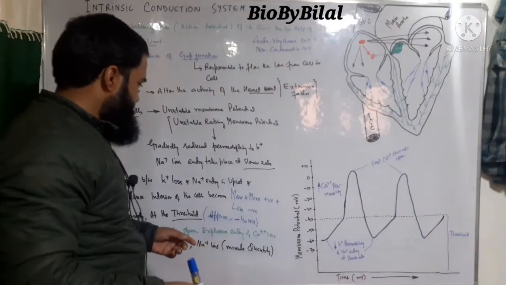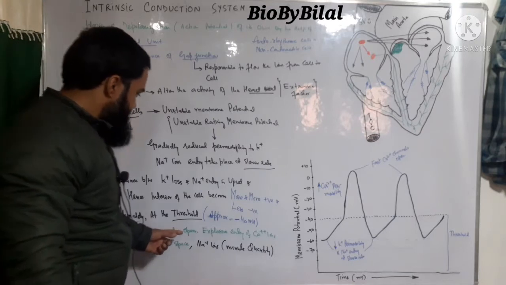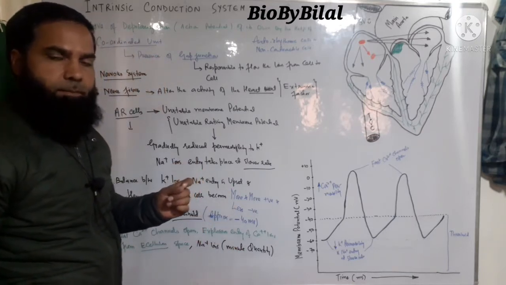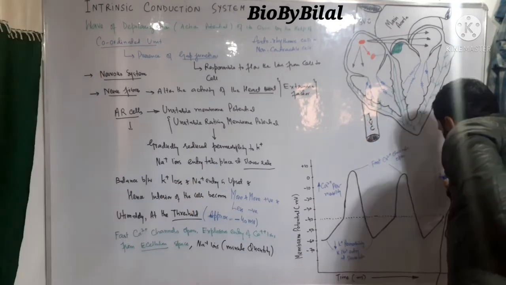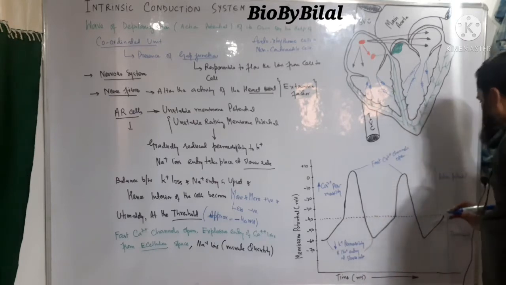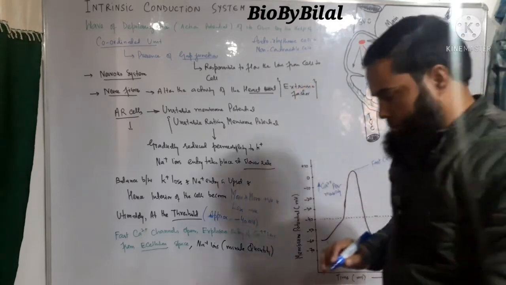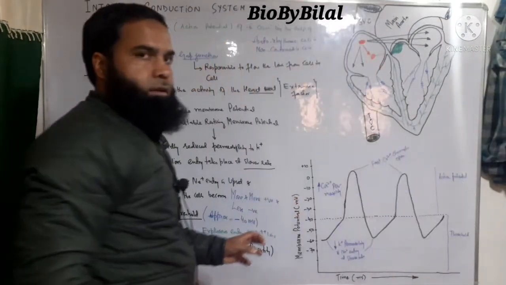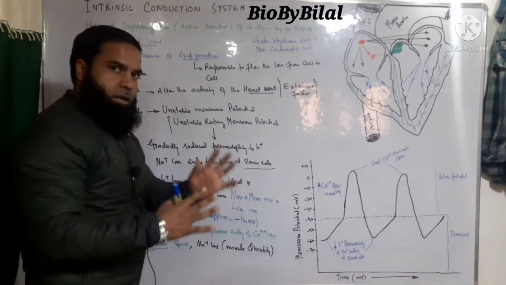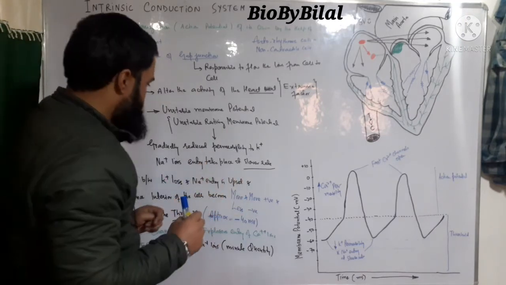So it is actually the entry of calcium ions rather than sodium ions. What happens? It raises the action potential. It raises the phase of action potential. Then there is a contraction shown by the heart.